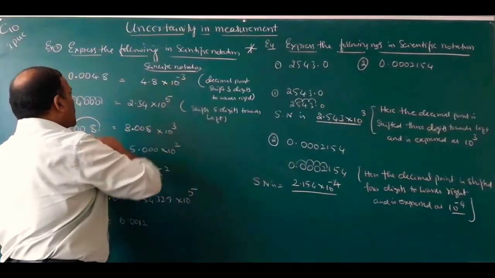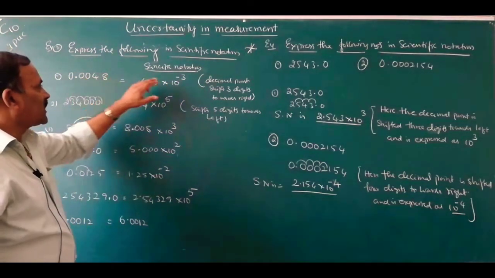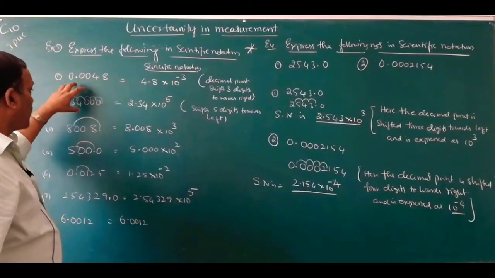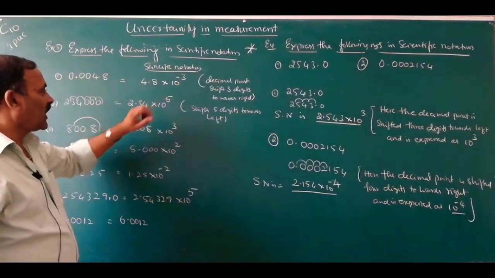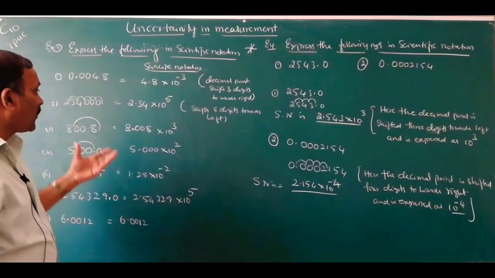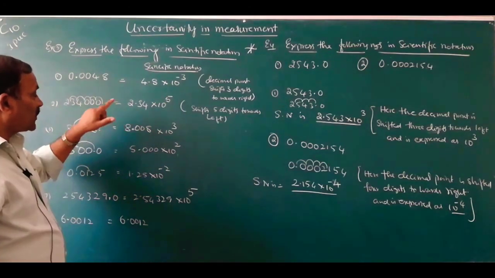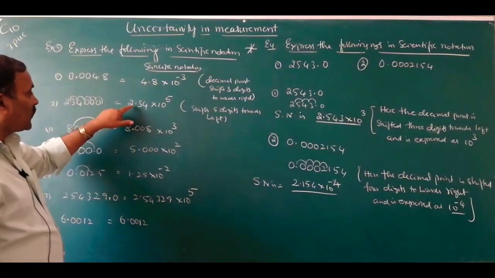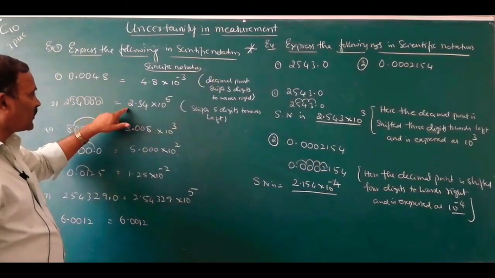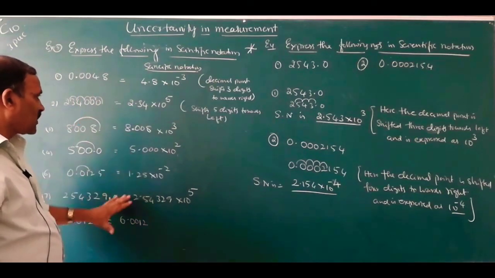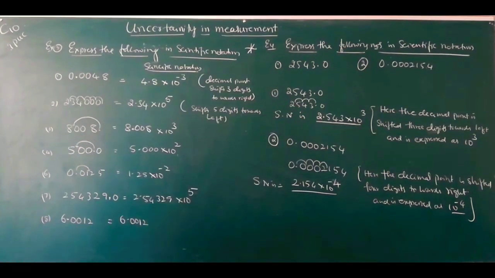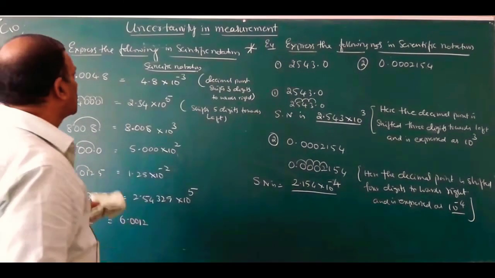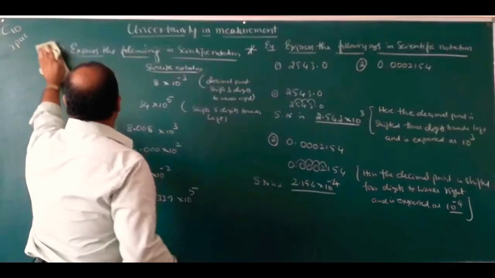For smaller numbers, you will get negative signs. For bigger numbers, you will get positive signs of small n. And you have to put the decimal after the first digit. So this is how you have to write scientific notations.